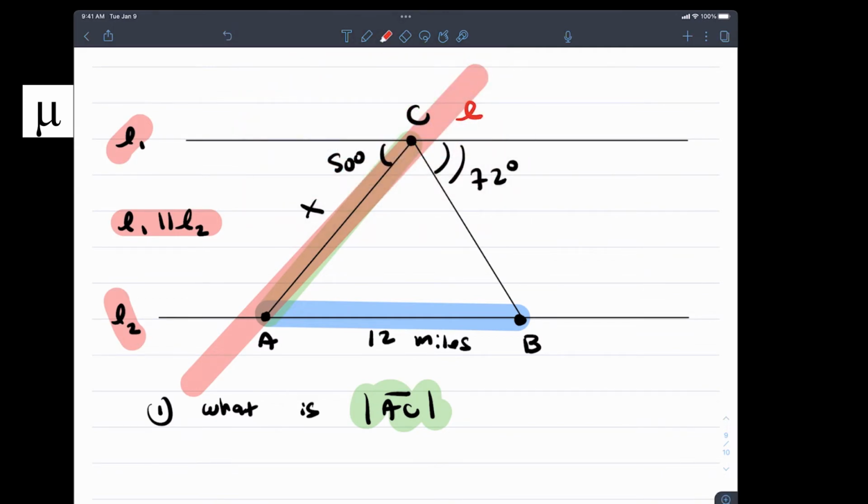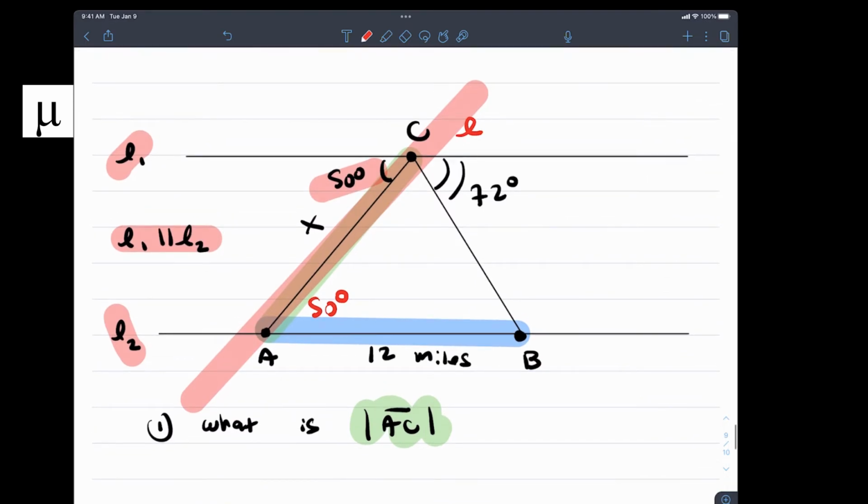This is 50 degrees. Where does that go here? Right there. Because what are you looking at here? This is a transversal. So you have a transversal here, and this angle is 50 degrees.